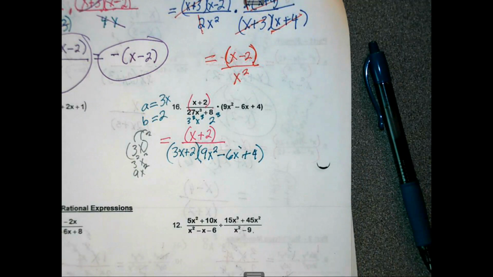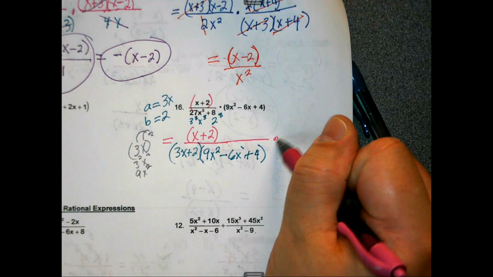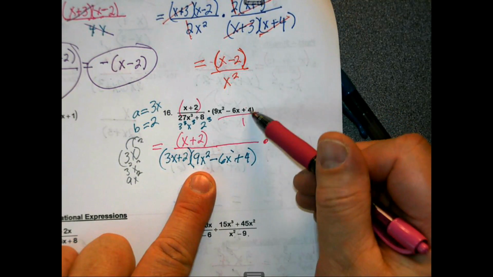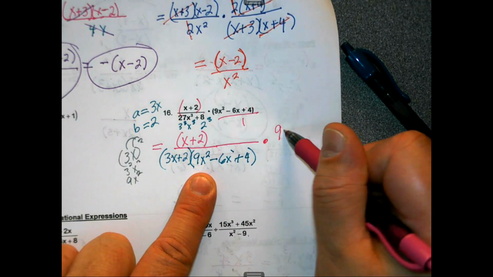And I noticed something here. Now this is over 1, right? These are the same, aren't they? So I'm not going to factor this.